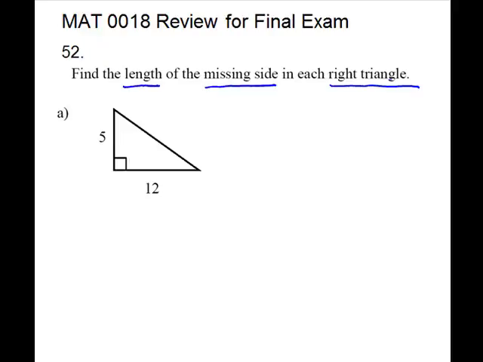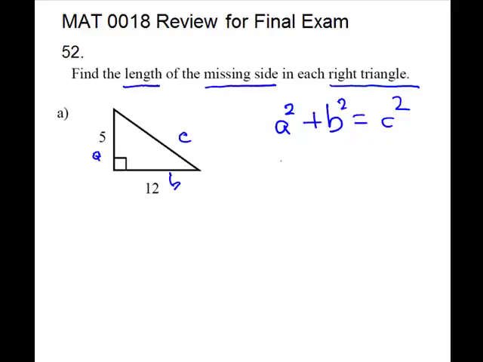So remember, Pythagorean's theorem is a squared plus b squared equals c squared, where c is your hypotenuse, the one opposite the right angle. The other 2 legs are a and b, and it doesn't matter which is which. So that's what we're working with, and we're going to find the length of c.